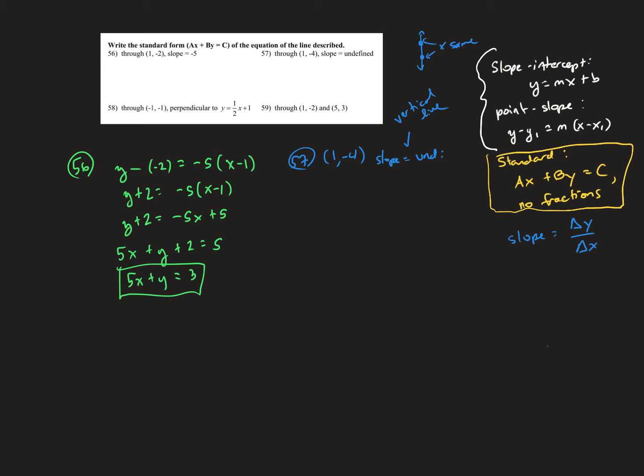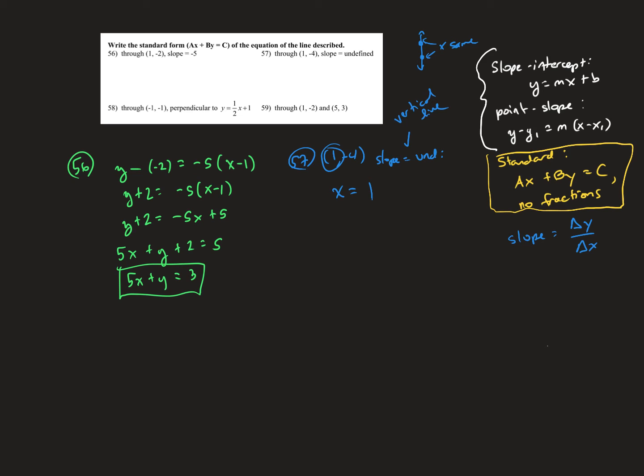So whenever you have a vertical line or an undefined slope, instead of trying to write the equation and convert it, you're going to basically say the x values on that line are the same. So x is going to always equal the same number. And then you can look at the point that you're given, say the x value here is 1, so my x values are always going to equal 1.